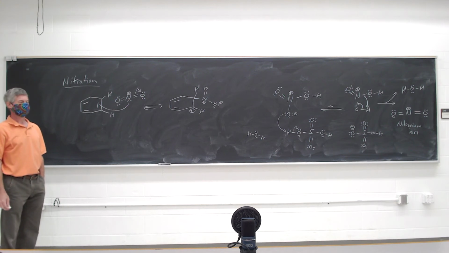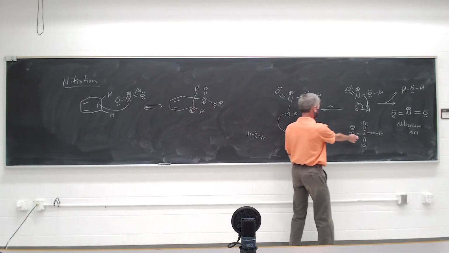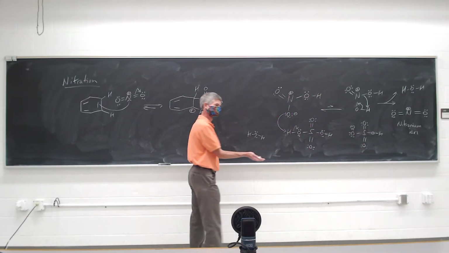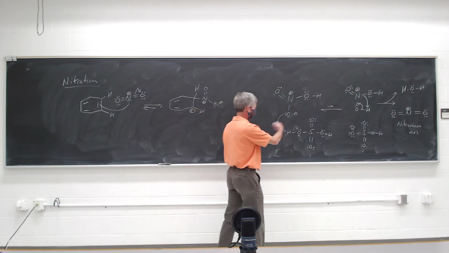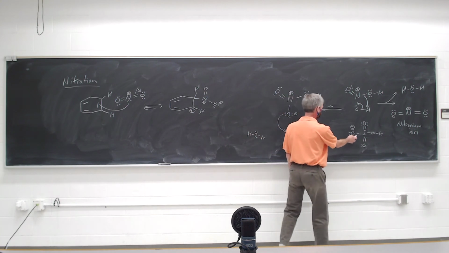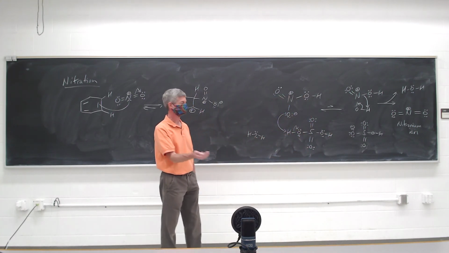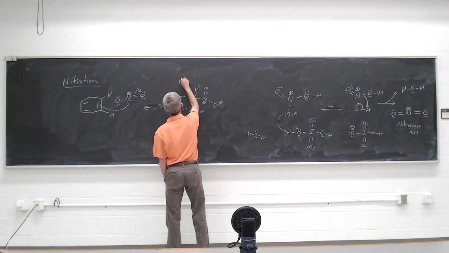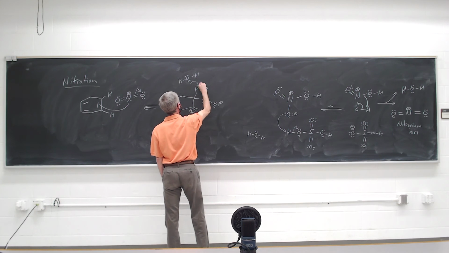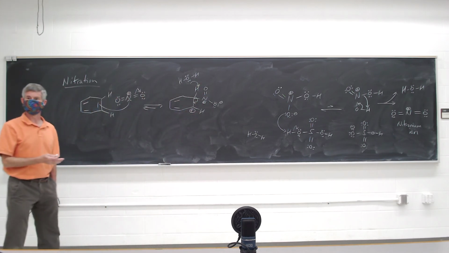So what's the base? It's going to take that hydrogen off. Can it be the sulfur? You've got two logical choices. One of them is the hydrogen sulfate ion. The other is water. Six of one, half a dozen of the other. We know that sulfuric acid is a strong acid, and so in the presence of water, it's getting protonated anyway. So I'm going to use water, on the principle that there's probably more water around than there is hydrogen sulfate ions.